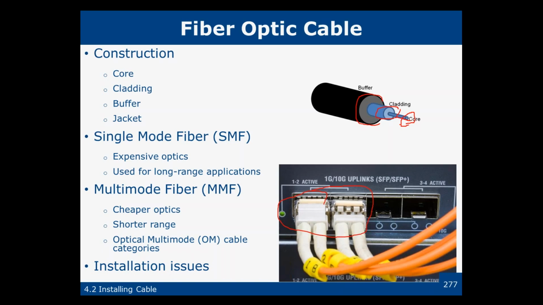Multi-mode fiber, cheaper optics, shorter range, and it is typically going to be the thing that we use inside of our network. You make them about the same. The multi-mode is bigger, I think.